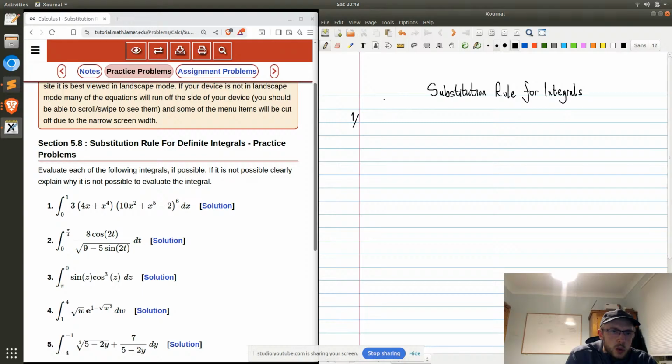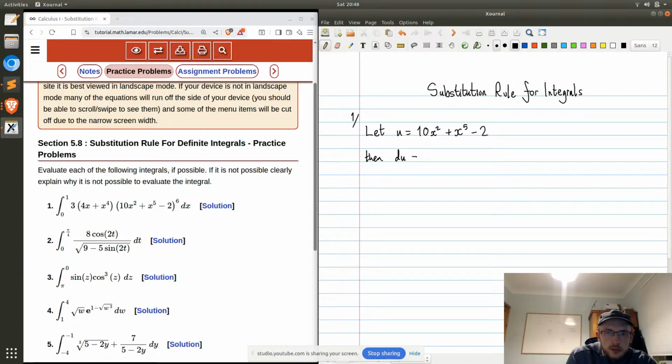Okay, so first I'm going to use u substitution. I'm going to let u equal 10x squared plus x to the 5 minus 2. Then I'm going to take differentials.